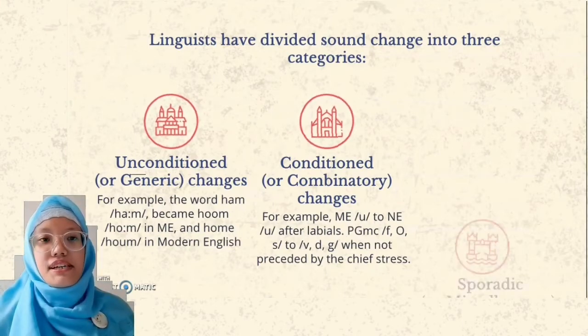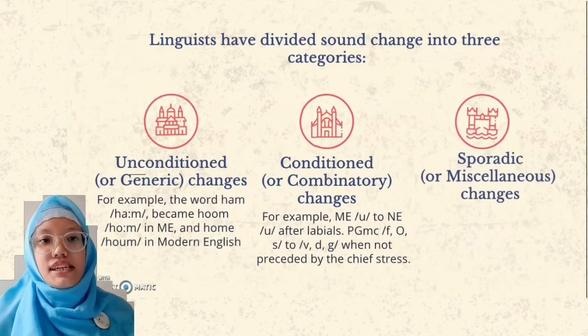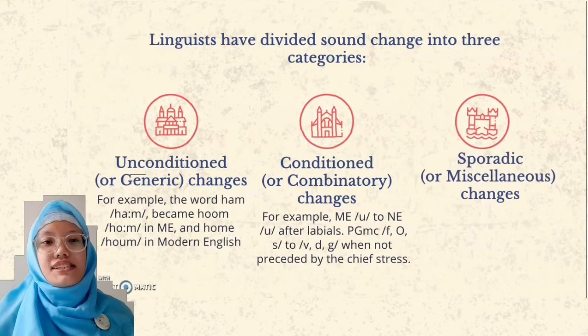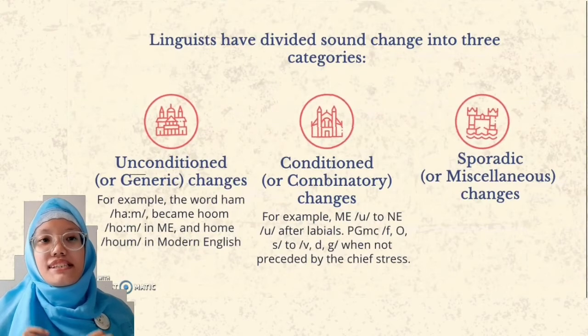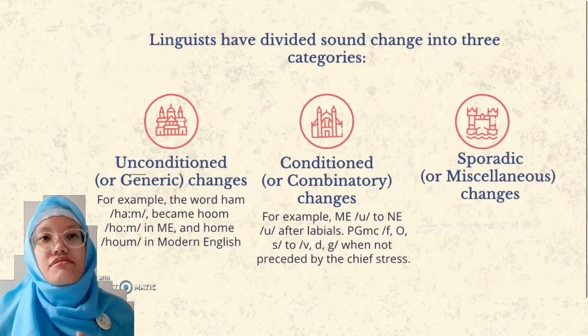The last is sporadic or miscellaneous changes. It is not easy to draw the line between conditional change and sporadic change, since the two merge into one another. So we treat the word sporadic very loosely to mean a change of phoneme that does not occur elsewhere.